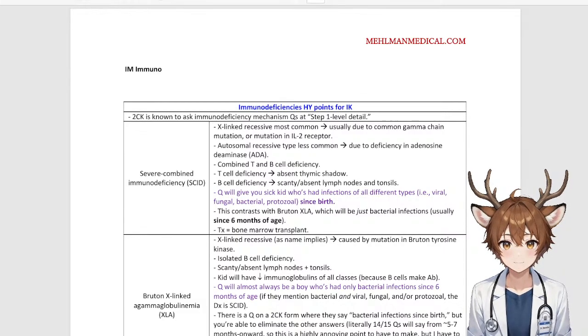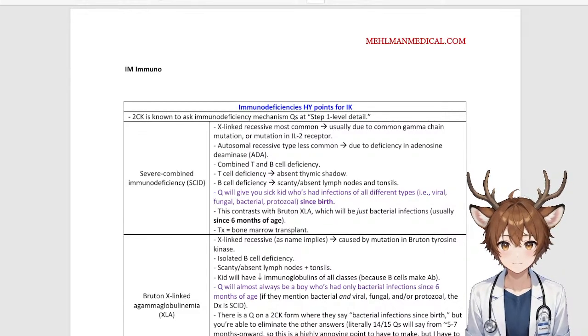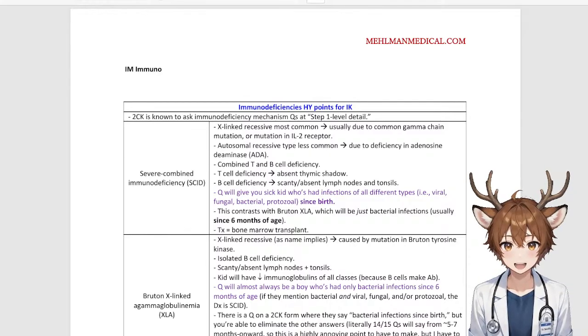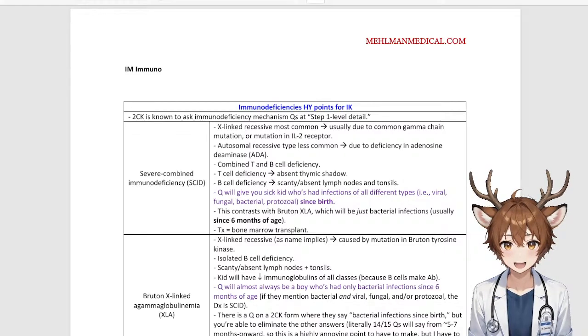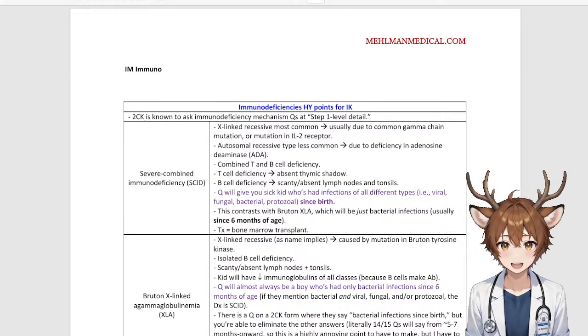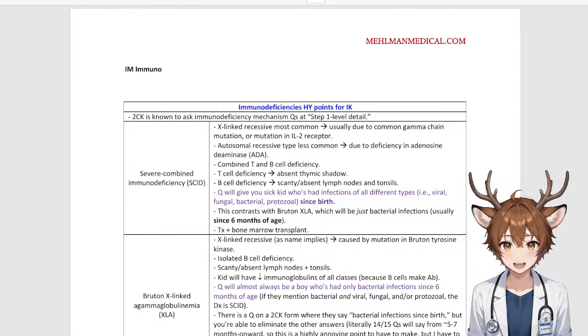Okay. So this contrasts with Bruton's X-linked agammaglobulinemia, which will be just bacterial infections, usually since 6 months of age. Treatment would be bone marrow transplant.